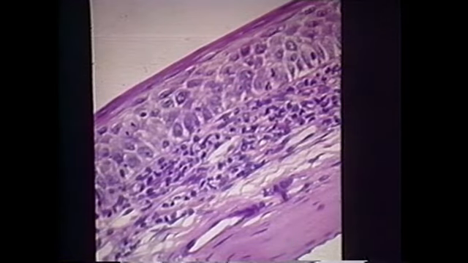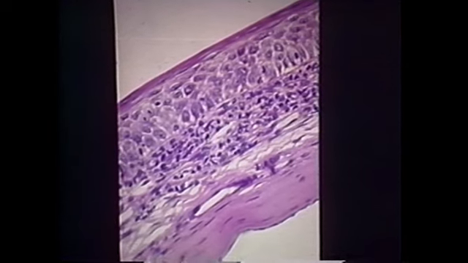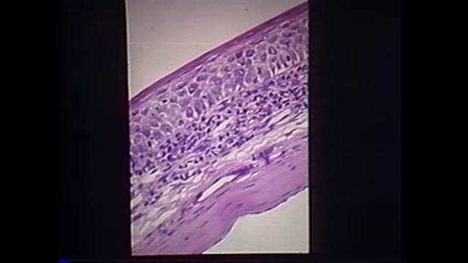This slide shows most of the features of a toxic-induced keratitis that may be encountered. We have changes in the epithelium. This epithelium contains many more than 4 or 5 cells thick, therefore it's undergone hyperplasia.